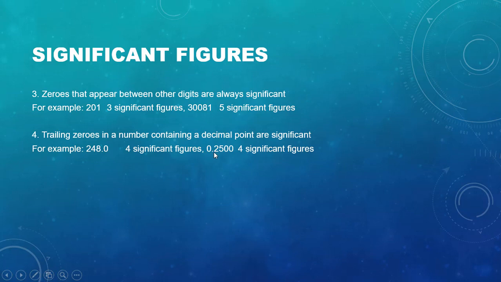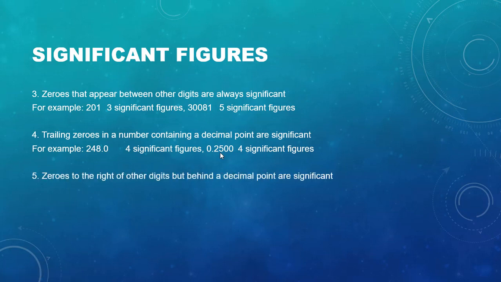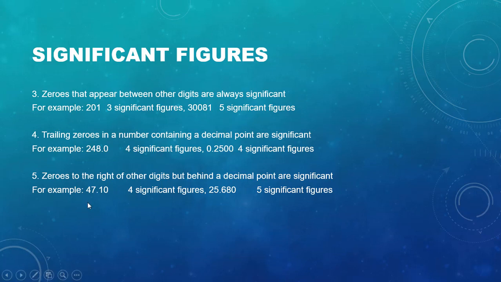Similarly, in this example, we have these 2 trailing zeros behind our decimal point. So these 2 zeros will be significant as well as these 2 non-zero digits. Our next rule now says that zeros to the right of other digits but behind a decimal point are significant. So in our example of 47.10, we have 4 significant figures because of the presence of this trailing 0 to the right of this non-zero digit.